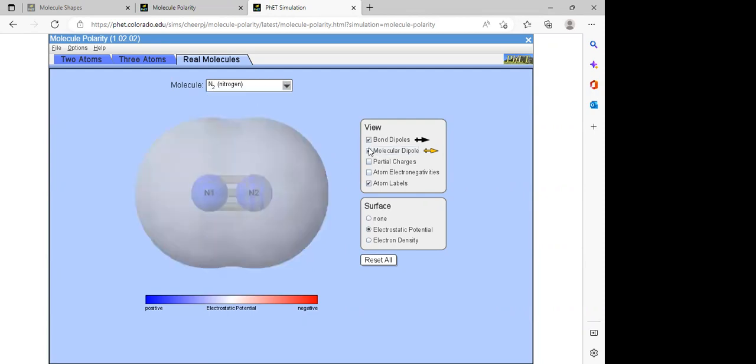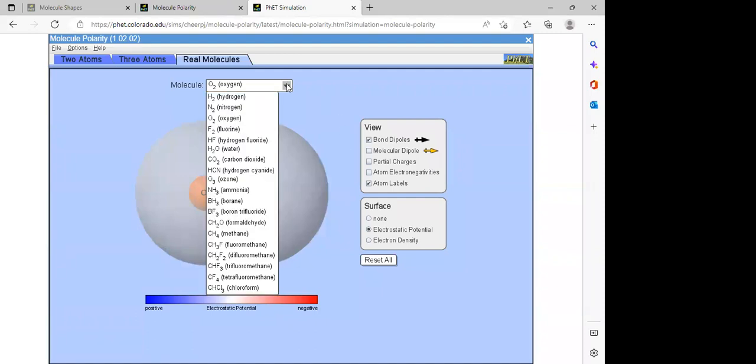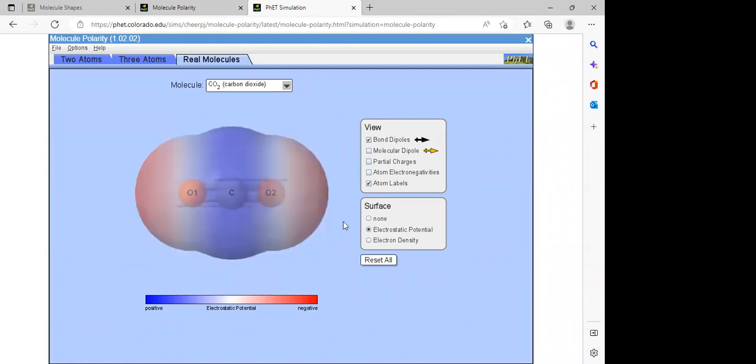Or if we just have this situation, this is N2. That's non-polar. That is a triple bond in there. They're shared equally. Same way with oxygen gas. It's a double bond. Let's go to carbon dioxide. Look at this. Is there a bond dipole? Yeah.